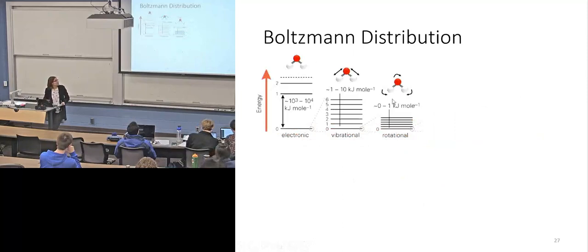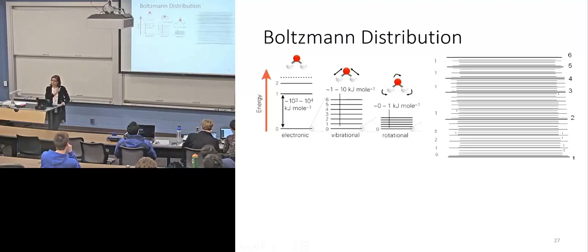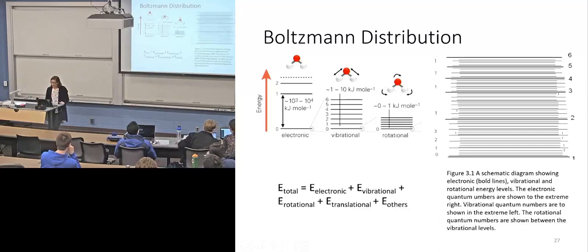So these are drawn totally separately, kinetic energy levels, potential energy levels. This is what they really look like when you lay them together, okay? You have electronic shells as the bold lines, and then within them are all the different vibrational and rotational states in between. And energy total would actually be the sum of all of these things, okay?